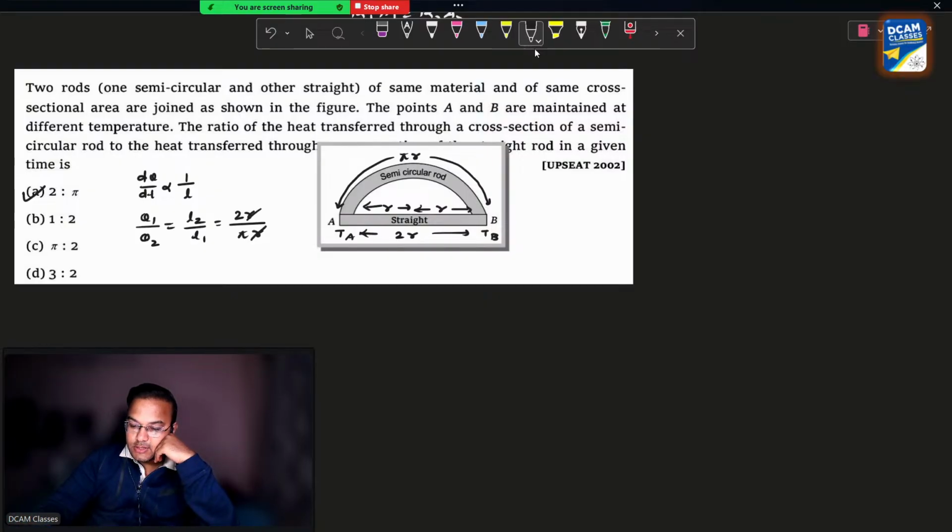Try to solve this question. This was asked in JEE. Try this.